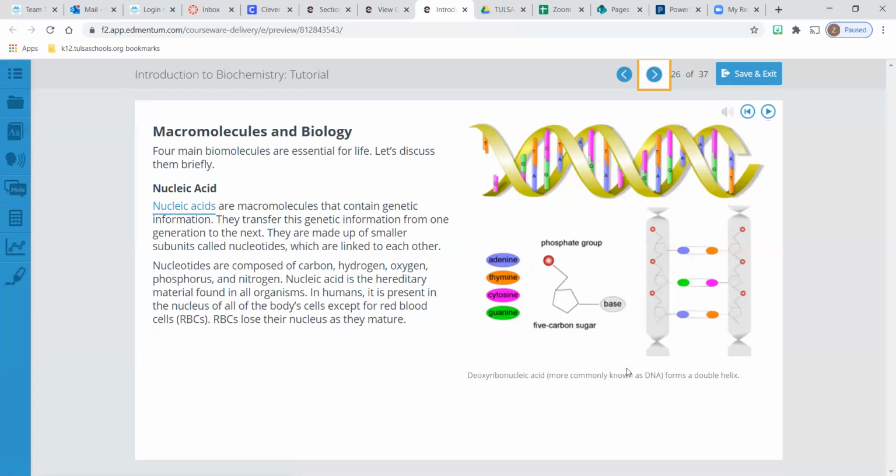Deoxyribonucleic acid, DNA. If you want to sound scientific, just say deoxyribonucleic acid instead of DNA. And it forms a double helix. This is a very common sciencey image.